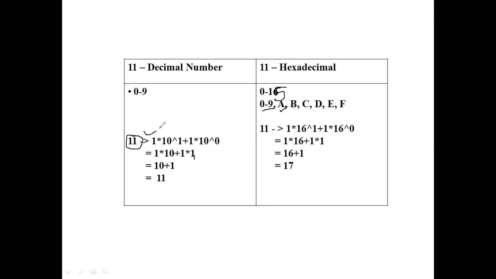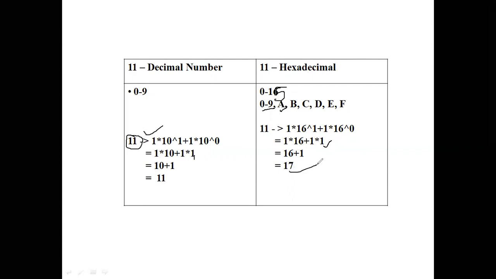That's right. Let's move on to the next one, the hexadecimal value. When you're representing 11, what do you mean? The actual number is 1 into 16 to the power of 1 plus 1 into 16 to the power of 0. 16 to the power of 0 will be 1; 1 sixteen is 16, 1 one is 1.